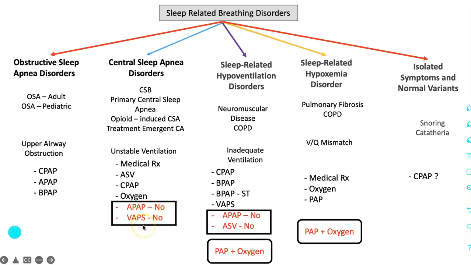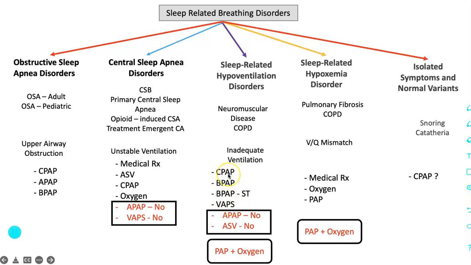Here, APAP is not a treatment of choice, and VPAPs should not be used for this type of patient. The third option is sleep-related hypoventilation disorders. Here, the inadequate ventilation needs to be addressed, and ventilation can be provided by BiPAP or BiPAP ST and or VPAPs.